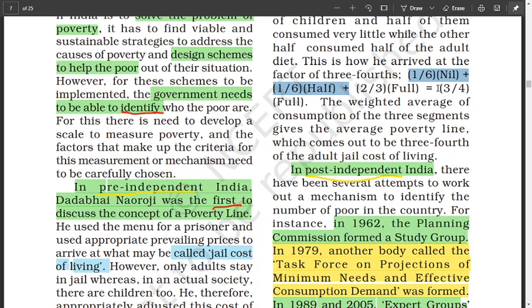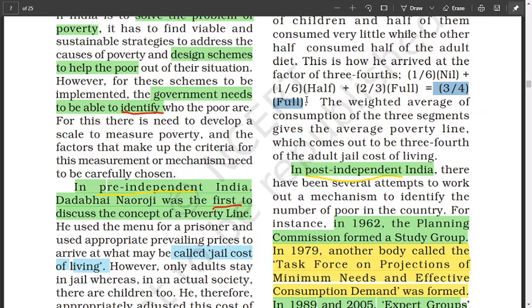Therefore, he arrived at three-fourths of the prisoner's cost. If a prisoner eats full, that's enough for him for one day. For the society, they need at least three-fourths of what he ate. That is the poverty line according to Shri Dadabhai Naoroji.